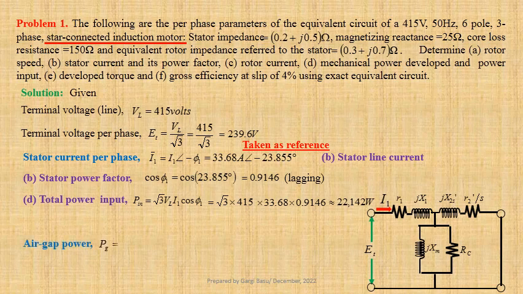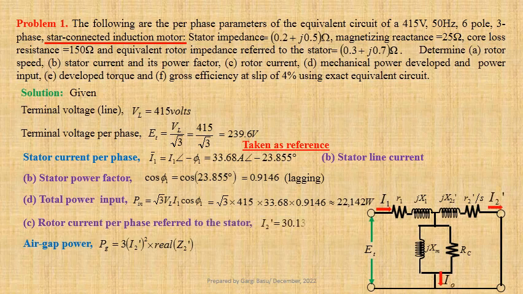Now we shall calculate total air gap power. Pg equals 3 times I2' squared into the real part of Z2'. We have obtained rotor current per phase referred to the stator I2' equals 30.1327 ampere and rotor impedance per phase referred to the stator Z2' equals 7.5 plus j0.7 ohm.